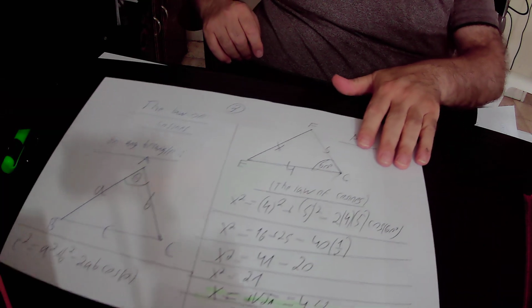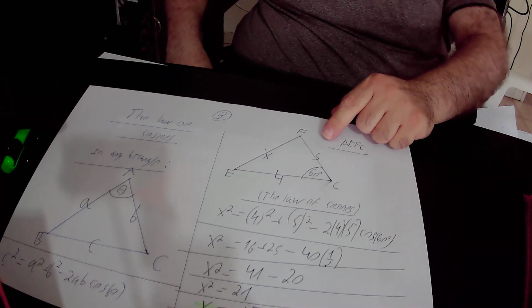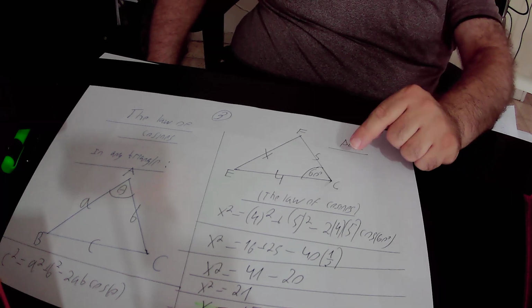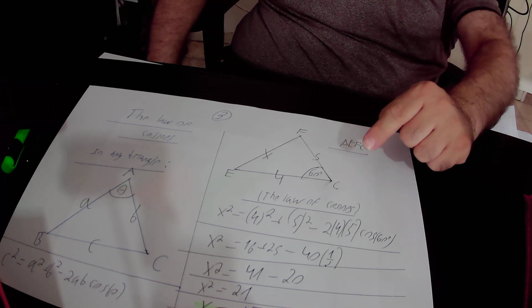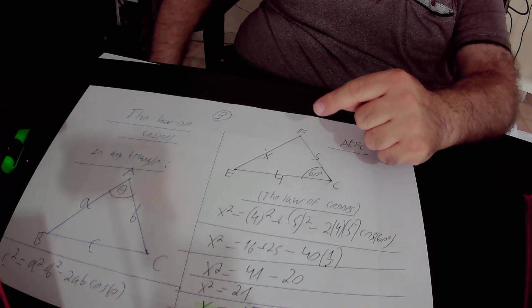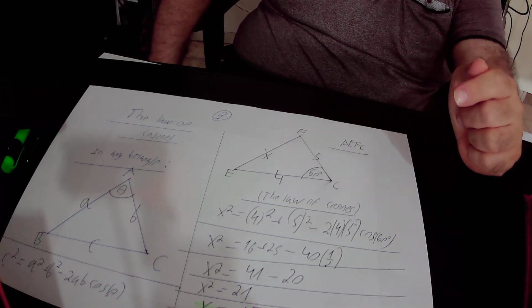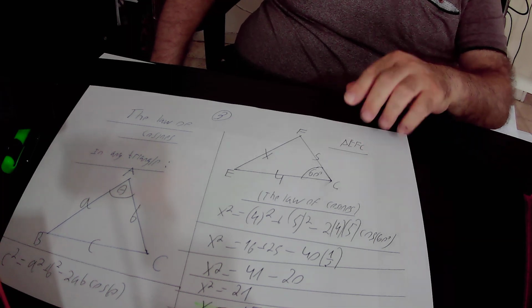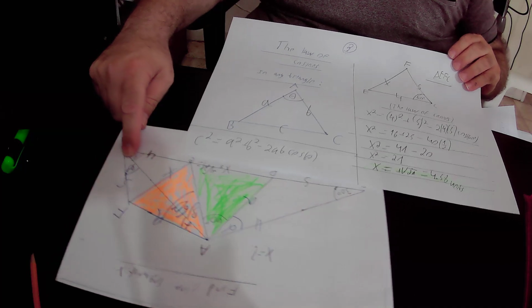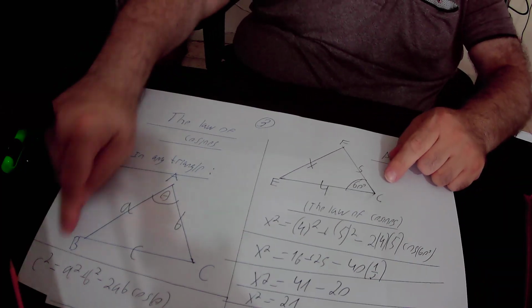We implemented the law of cosines in this triangle EFC. Here side FC equals 5 units in length, side EC equals 4 units, and side EF equals X units. And the angle ECF equals 30 degrees plus 30 degrees, that is 60 degrees.